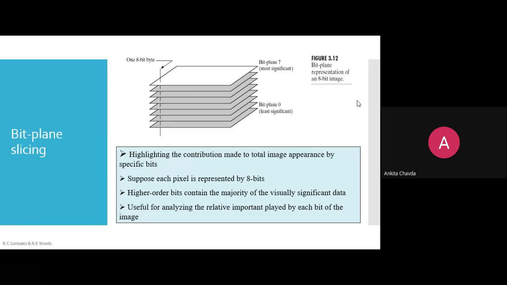Then bit plane slicing. See, this is the most important thing when you have a data storage problem, or when you want to do data compression to store your image.